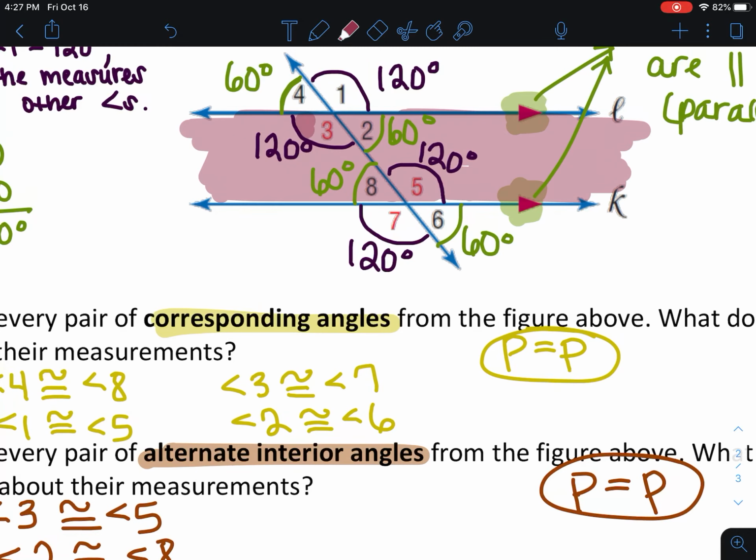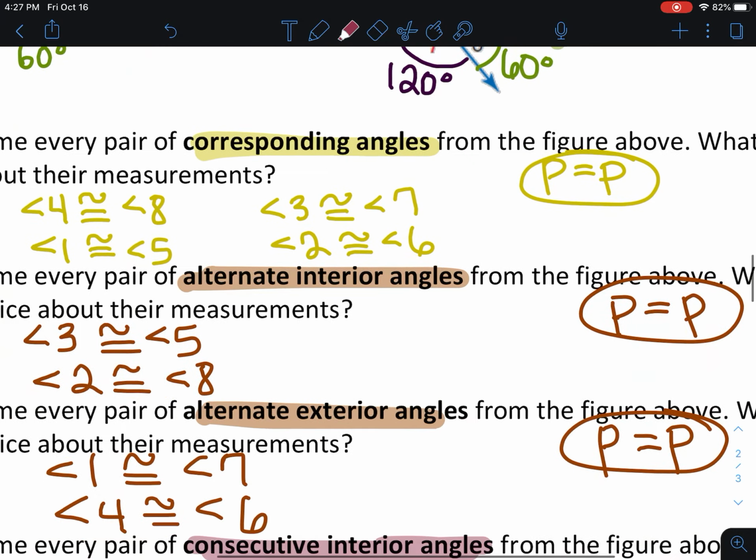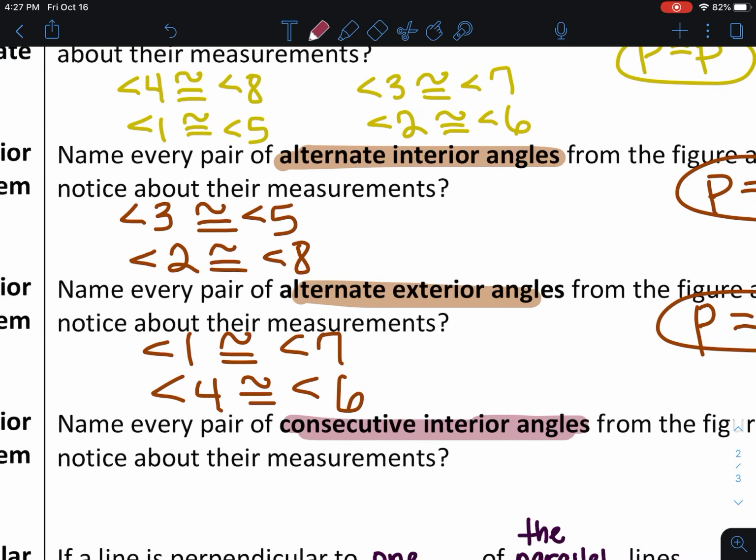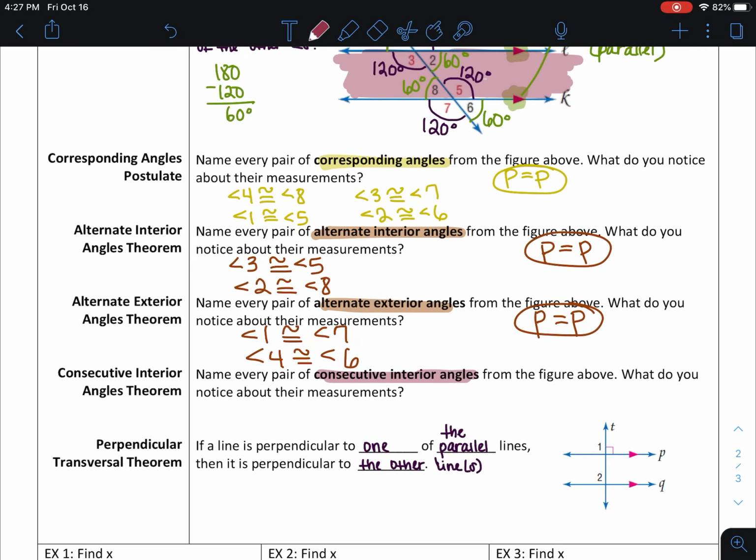So I can see that 3 and 8 are on the same side of the transversal. So that's going to be angle 3 and angle 8. So those two. Now the thing about consecutive interior angles is if you add them together, they equal 180. So they are supplementary.